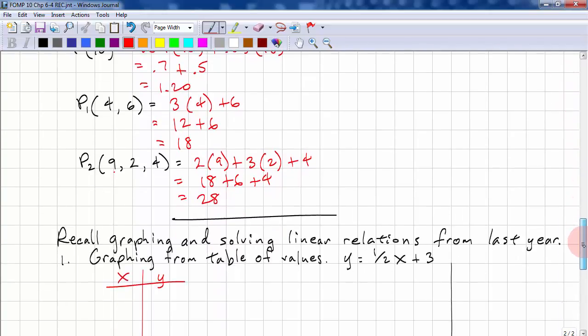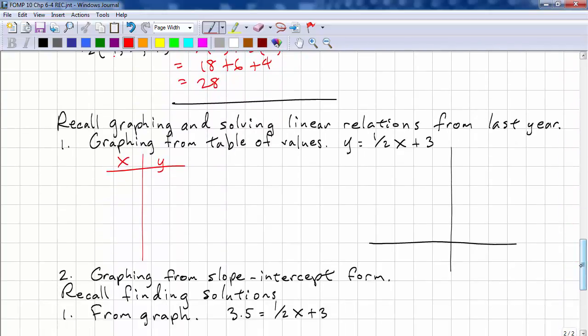Now to help you in this section, you need to recall graphing and solving linear equations from Math 9. One way to graph is to use a table. So we just put in 0 here, 0 times a half is 0 plus 3.